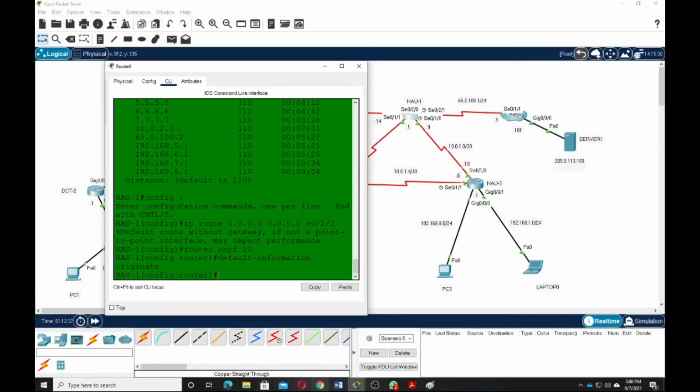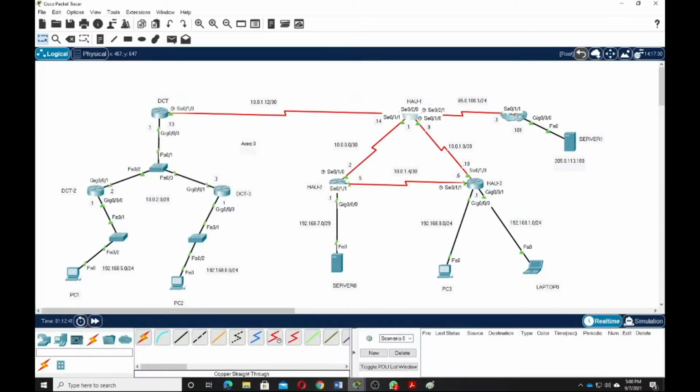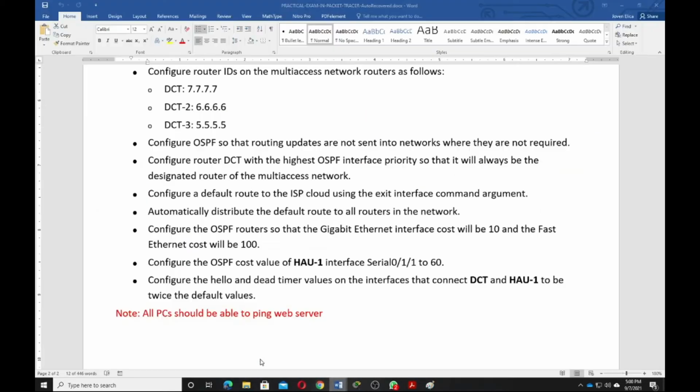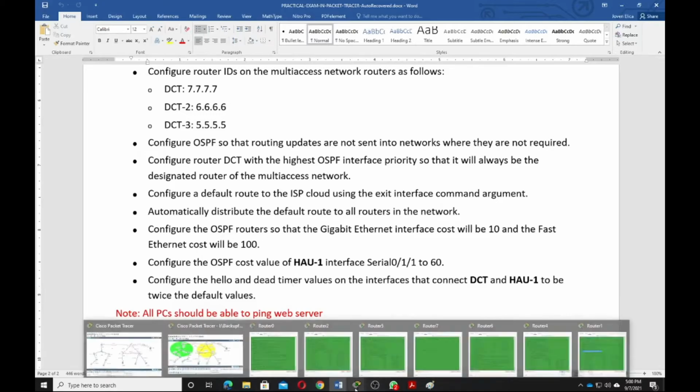Alright, and then what's another? Configure the OSPF router so that the gigabit interface cost will be 10, and the fast Ethernet cost will be 100, on all OSPF routers.